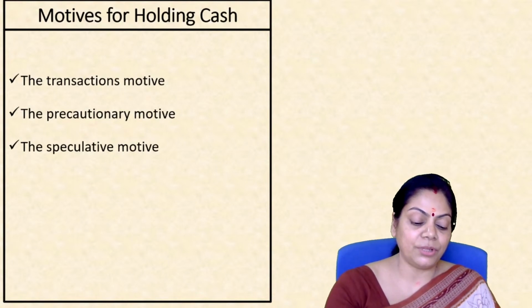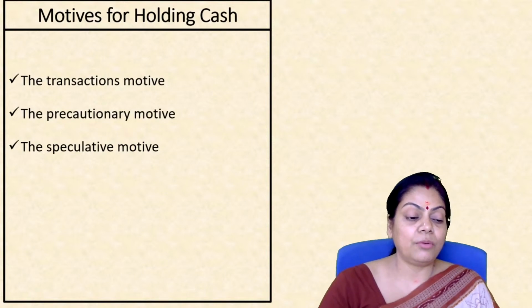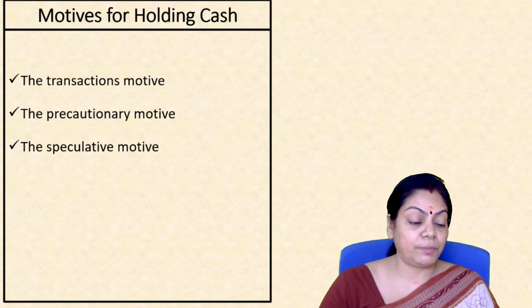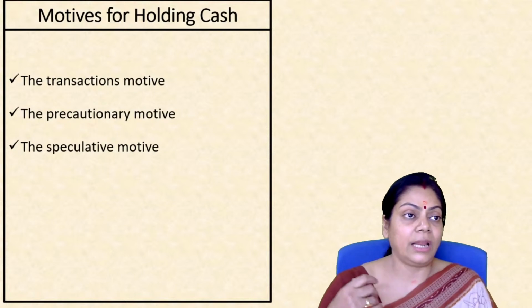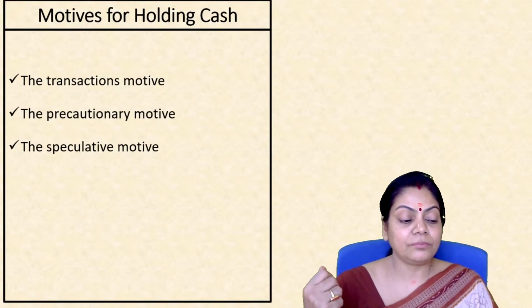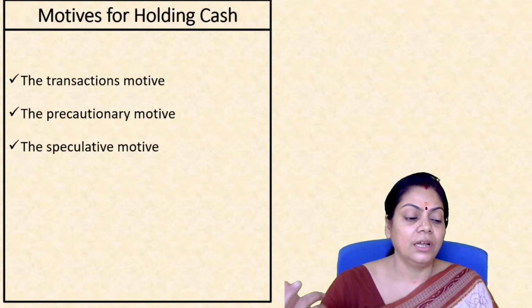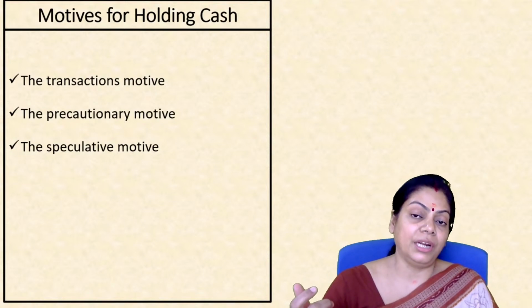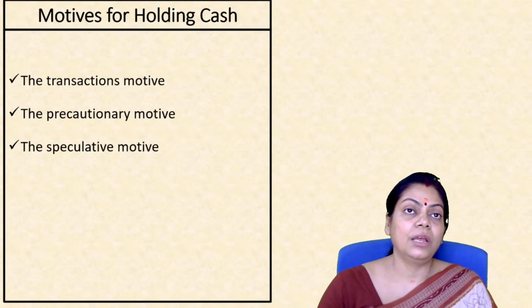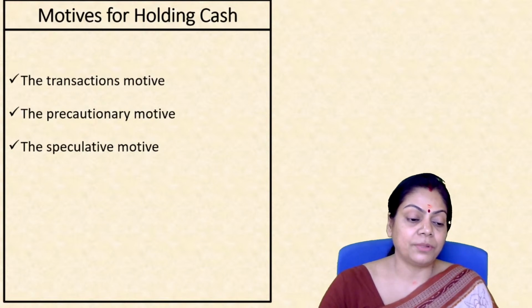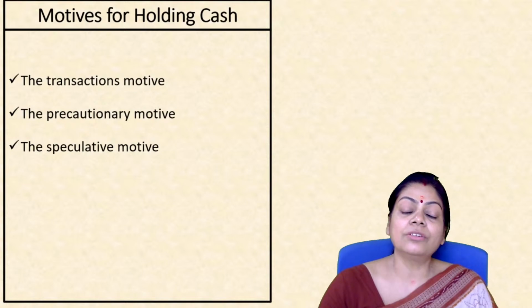Now then you have something called a precautionary motive. When I'm talking about a precautionary motive, there is a chance of non-routine needs, for example a shortage of something, when your future is uncertain.